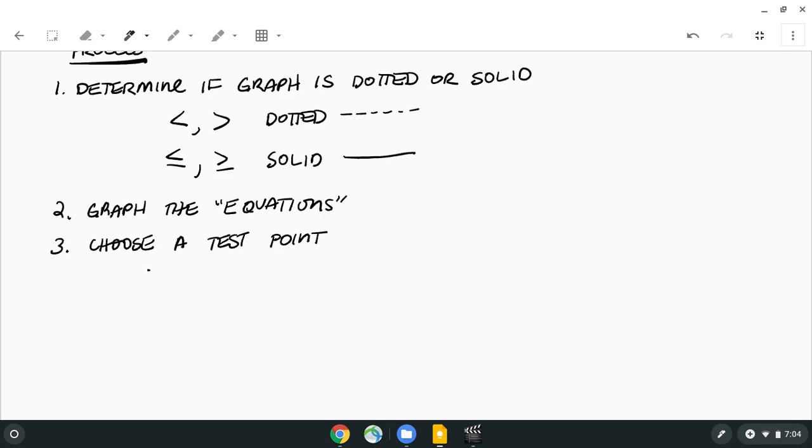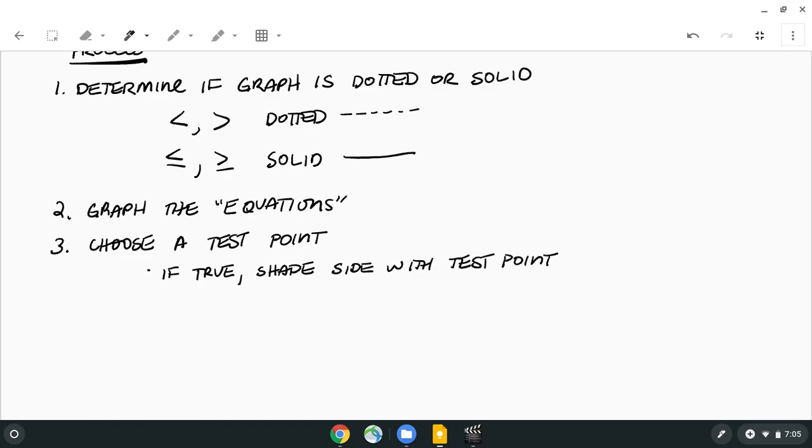When you choose that test point, you substitute it into the inequality. It will either work or not work, so you'll get either a true statement or a false statement. If it's true, you shade the side with the test point, the side that your test point came from.